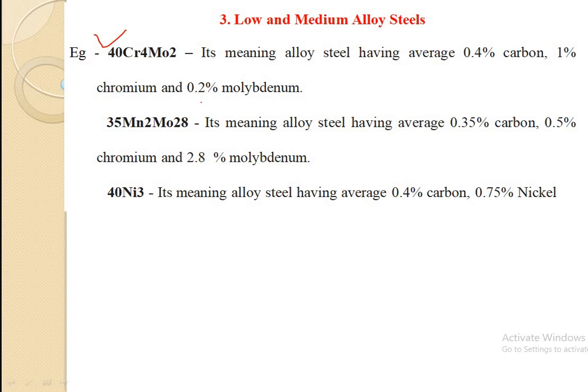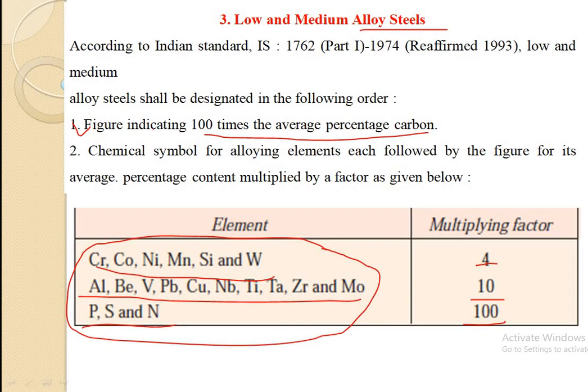From this you come to know it is an alloy steel. Though there is no symbol of carbon, the first number always indicates 100 times the average percentage of carbon.